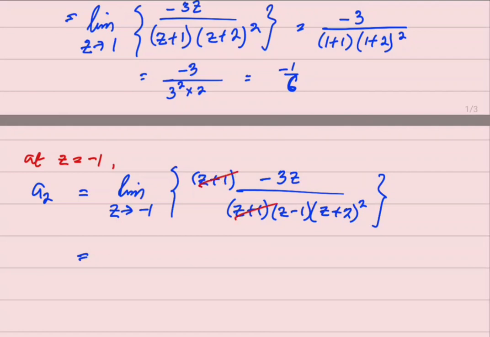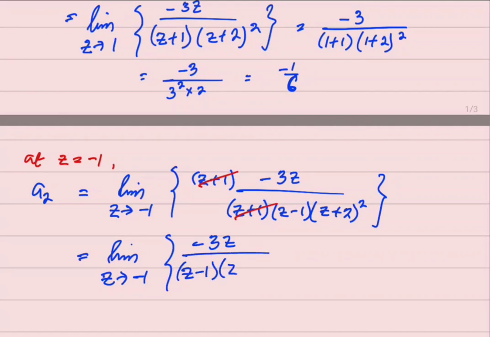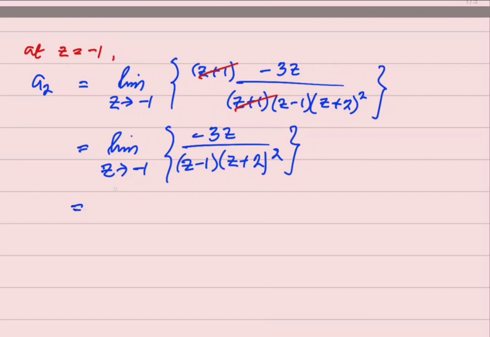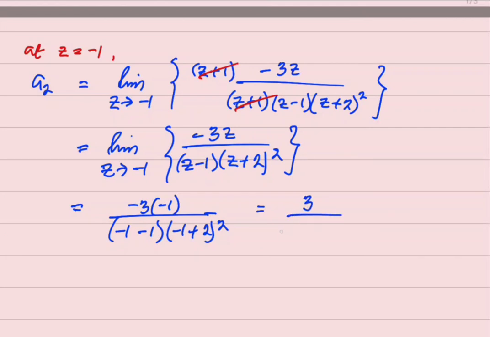This and this will cancel, so we are left with the limit as z goes to minus 1 of minus 3z divided by z minus 1 into z plus 2, everything squared. Substituting the value of the limit, you have minus 3 into minus 1 divided by minus 1 minus 1, then into minus 1 plus 2, everything squared. This will be 3 divided by minus 2 into 1 squared, and the result will be minus 3 over 2. So that is the residue when z is equal to minus 1.